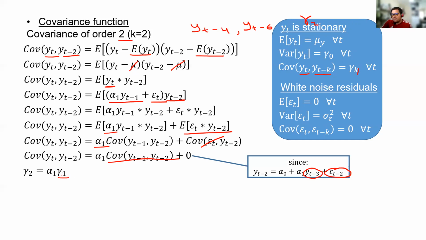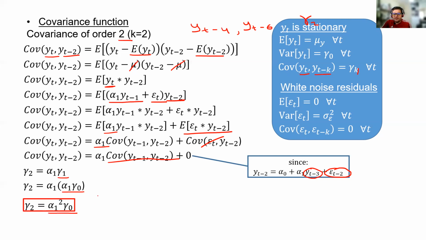We know what gamma 1 is. We know we can estimate alpha 1. Actually, yeah, gamma 1 is alpha 1 gamma 0. Therefore, gamma 2 is equal to alpha 1 gamma 1. So this is gamma 1, this is gamma 2. By now, you probably noticed a pattern.